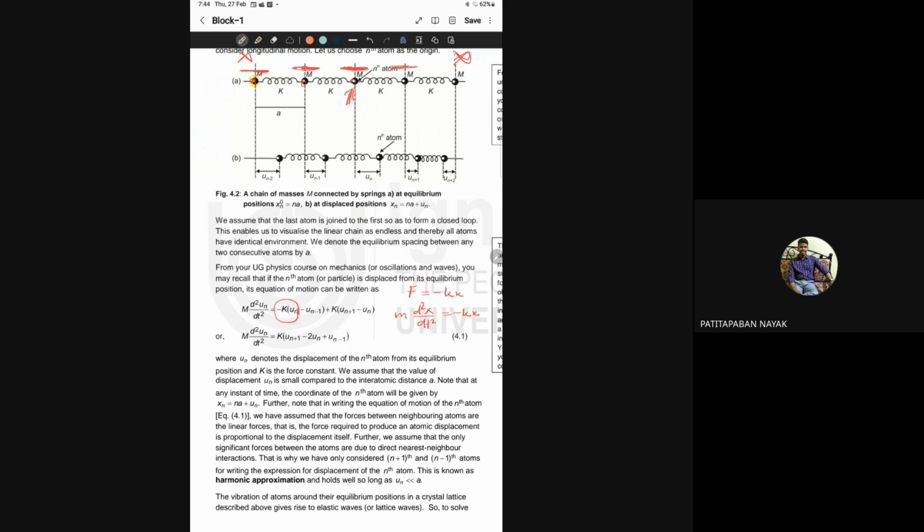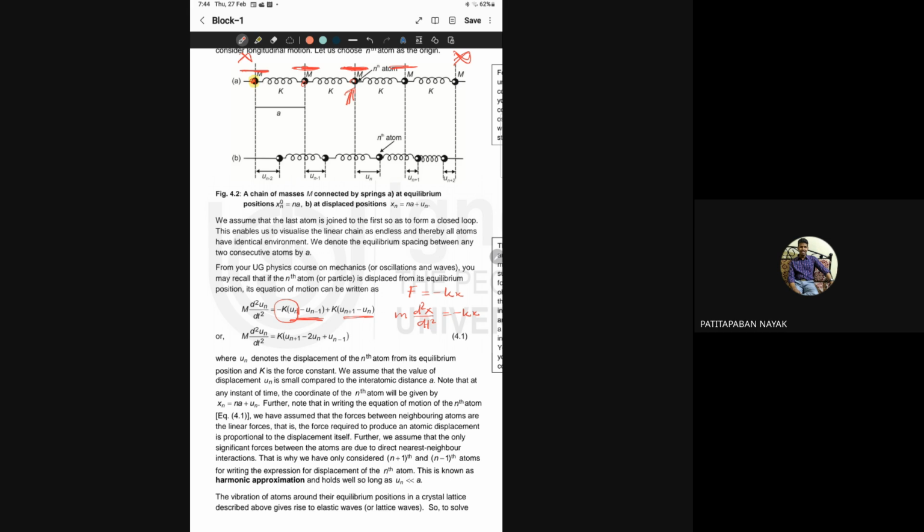That is simple, but it is not just one atom. There are a bunch of atoms interacting with each other. That's why instead of taking just one, we'll take un minus 1 plus un plus 1 minus un. So we are taking the separation between the two nearest neighbors.